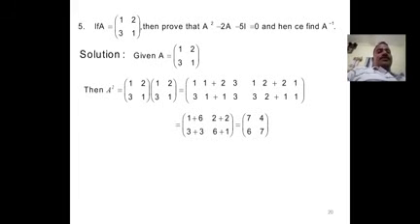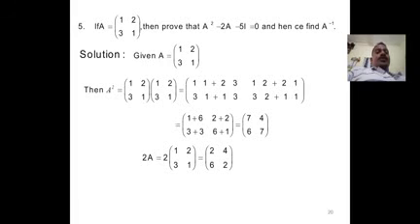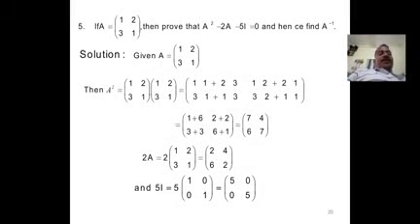After simplifying this, you get 7 4 6 7. This is A square. Now minus 2A. 2A is 2 times A, that is 2 into 1 2 3 1, so 2 4 6 2. This is 2A. And 5I, where I is the unit matrix of second order 1 0 0 1, after multiplying with 5 gives 5 0 0 5.